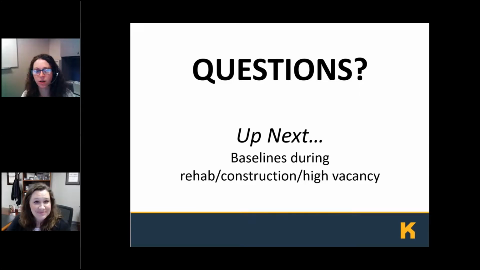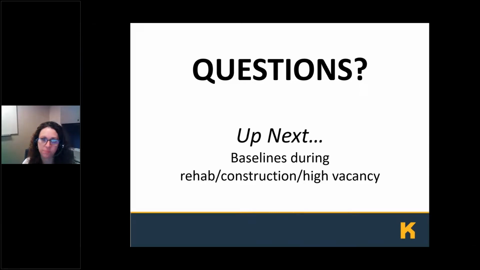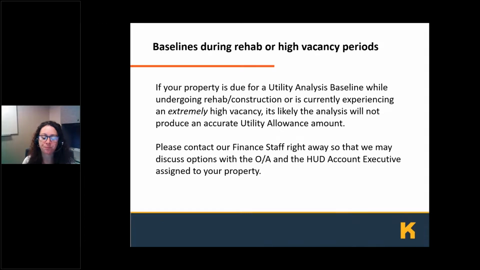To go along with that, there are times that your properties are going to go through rehab, construction, or possibly experience a very high vacancy rate or period. So if your property is due for a utility baseline this year, or whichever year, and you're in the middle of a lot of rehab and construction, maybe you've moved residents so there's nobody in the particular building you need to get your baseline on, or maybe you're going through some extremely high vacancy, and I do want to point out extremely high.